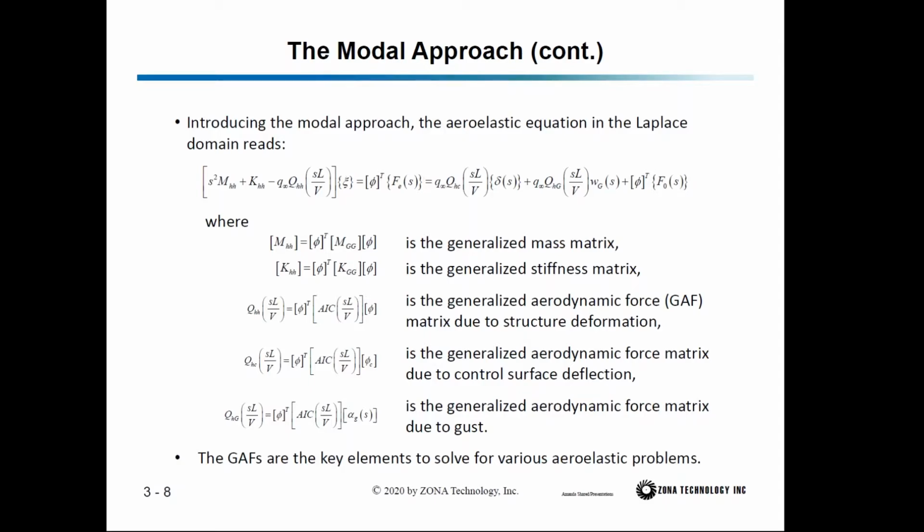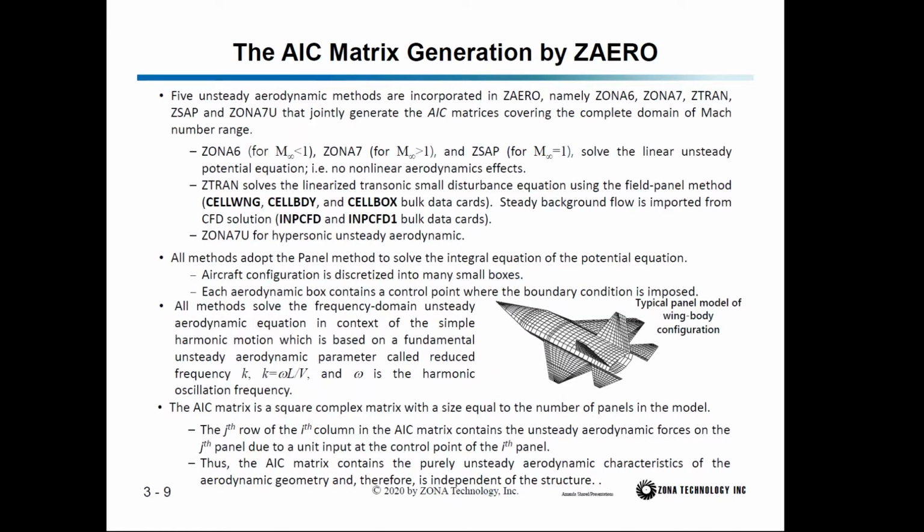Once we find the flight condition is within the flutter boundary, which is stable, we can perform the dynamic loads problem. We give a control surface deflection and calculate the structural response, or we give a gust velocity profile and also calculate the structural deformation.